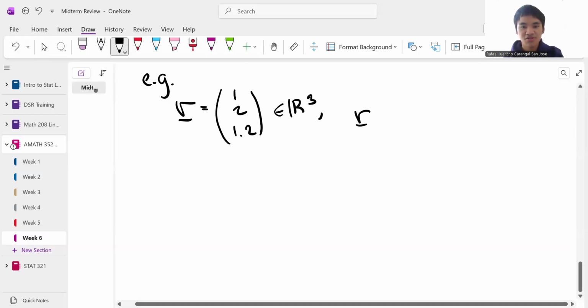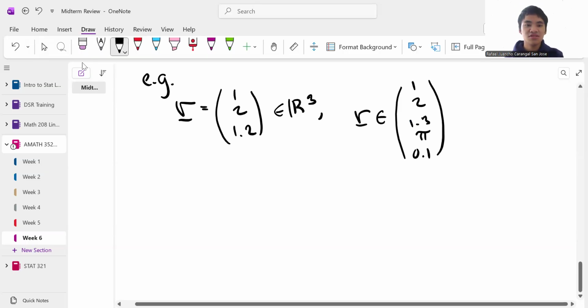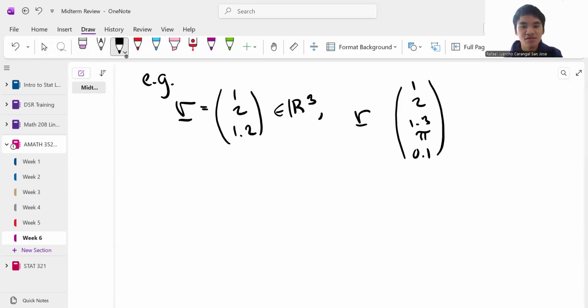Another example, let's try maybe 1, 2, 1.3. Let's throw in a pi, why not? 0.1. So how many components are these? Oh shoot, I messed up the notation here. 5 components. So that means this is in 5 dimensions.